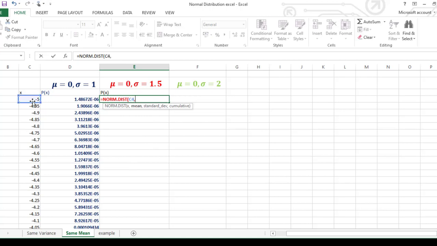Here mean would be 0 and the standard deviation would be 1.5.